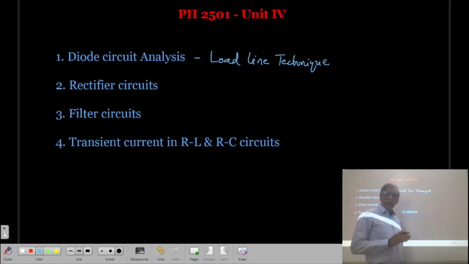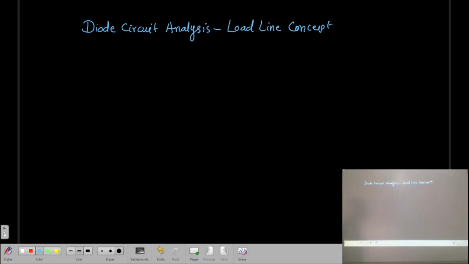Now we are going to start with the diode circuit analysis. For this analysis we will use the concept of a load line. But before we discuss this topic, let us revise what we have learned about the p-n junction. You already know the p-n junction is a kind of diode, and this diode has two terminals.